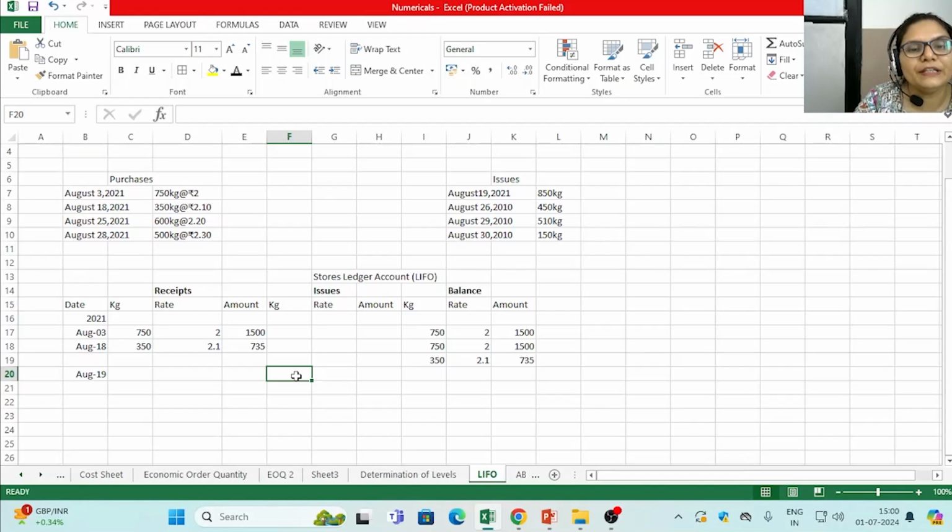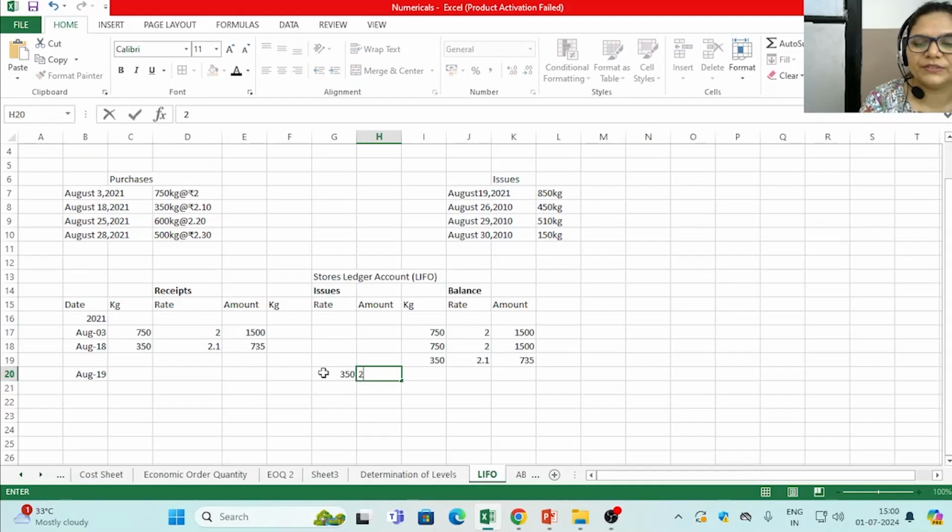We are following the LIFO approach, so material purchased last will be issued first. The last purchases were of 350 kg at the rate of rupees 2.1. So first we will issue 350 kg at the rate of rupees 2.1.